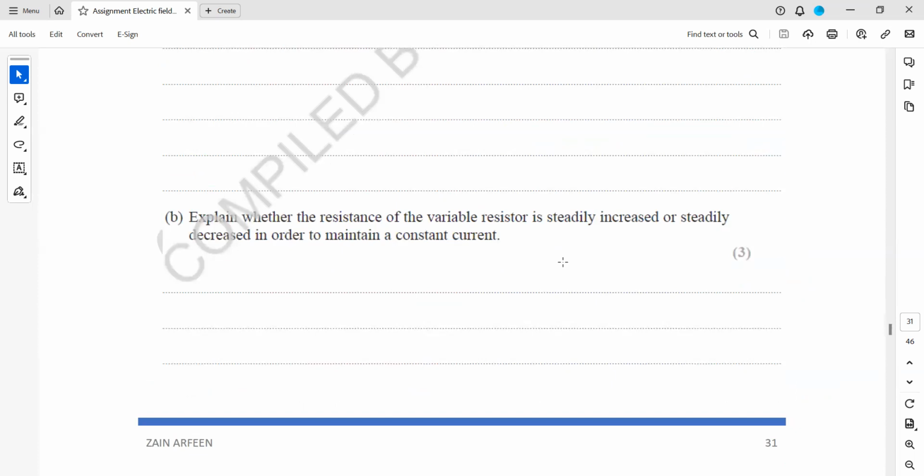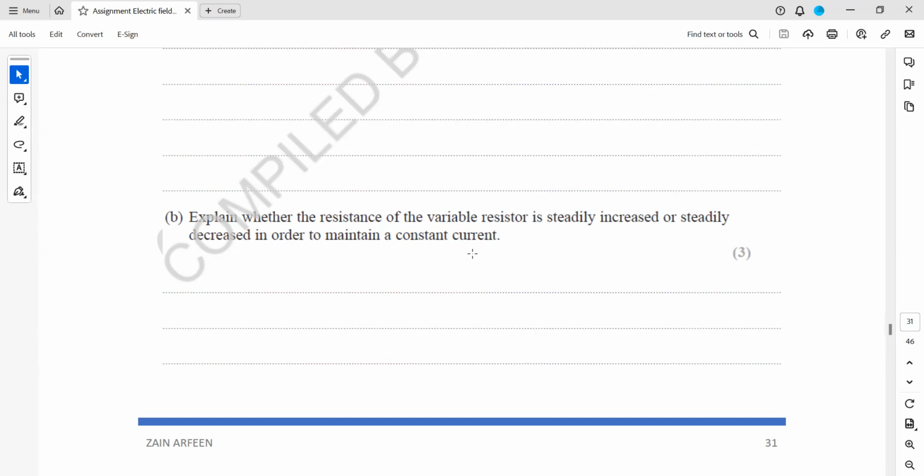Explain whether the resistance of the variable resistor steadily increases or decreases in order to maintain a constant current. Look, remember the graphs for charging or discharging a capacitor: the current always starts with the maximum value and then the current starts to decrease, whether it's charging or discharging.